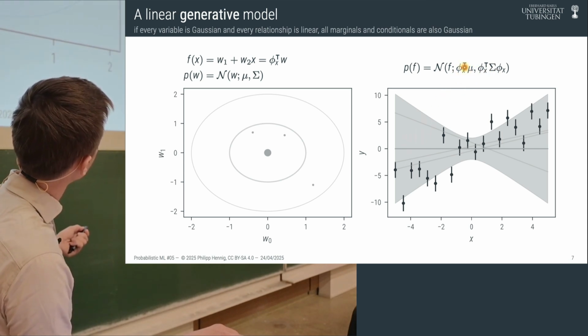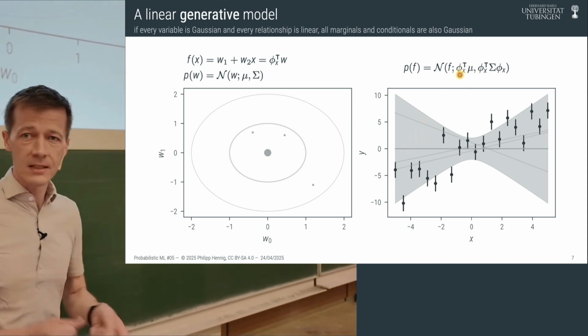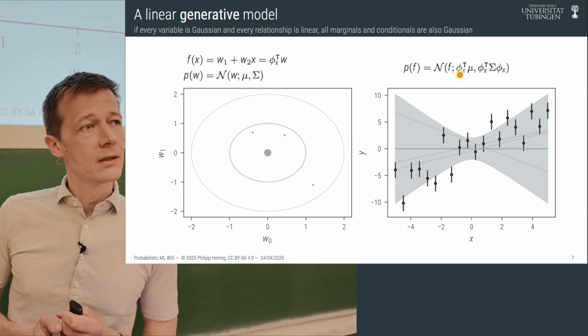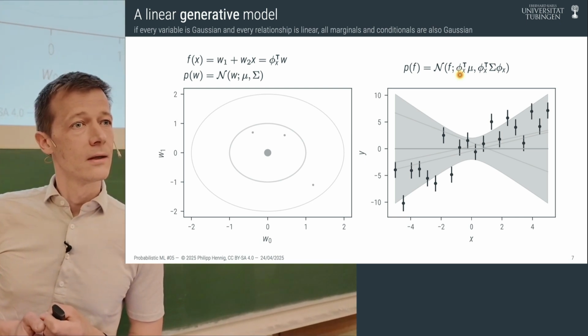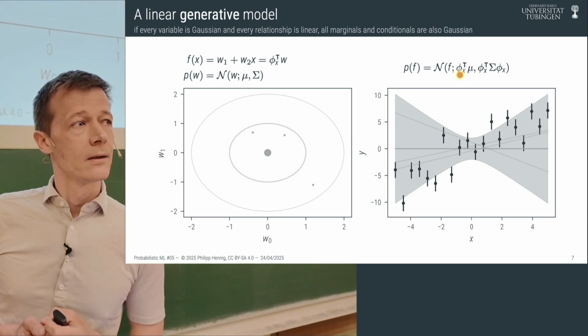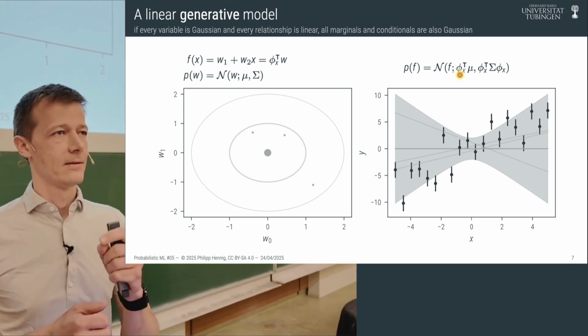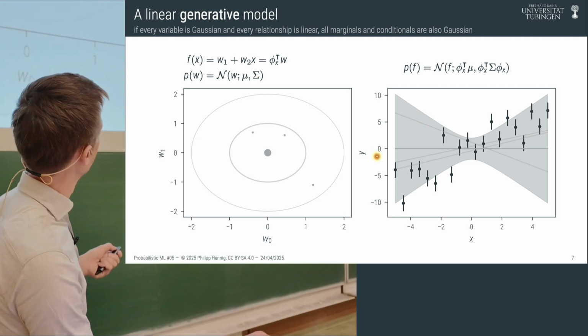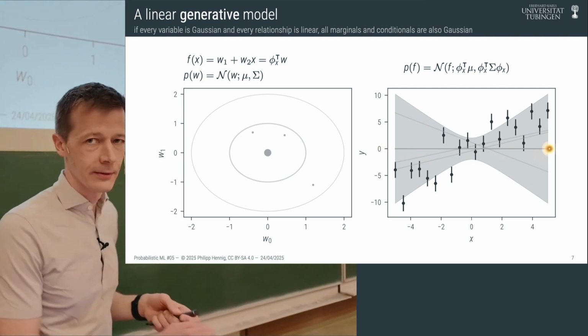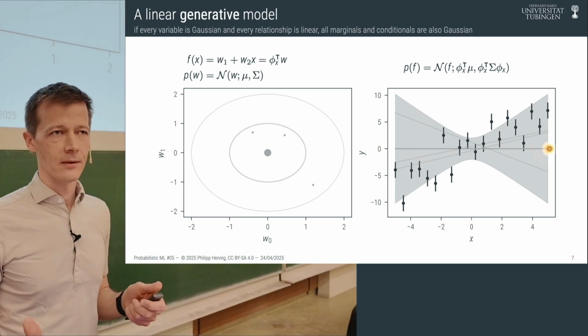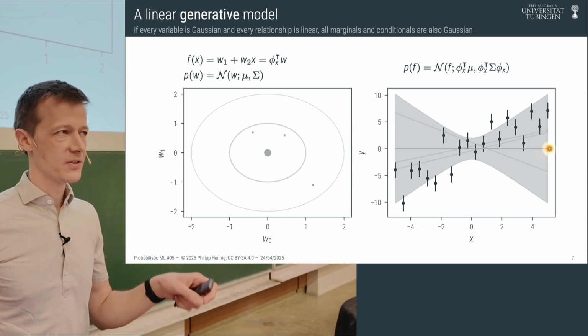I'll get out a new mean. So if mu is 0, what is my mean going to be? Yes, 0. And that's what you see here, right? There's a line in the middle that is 0. That's our mean for the function values at arbitrary points x.